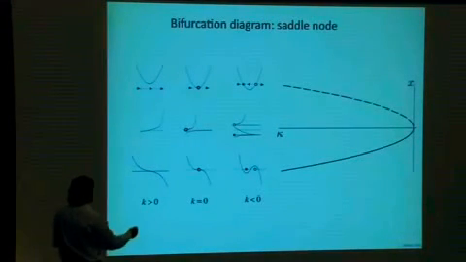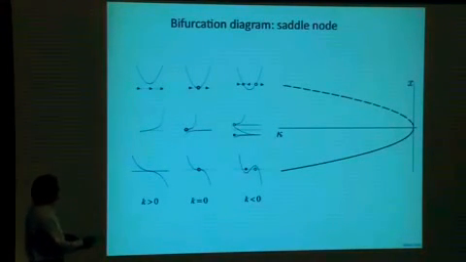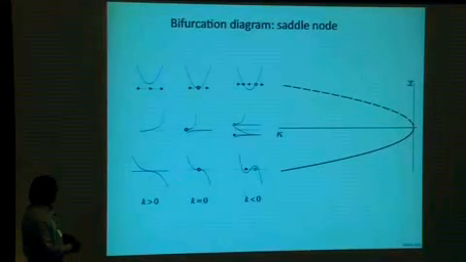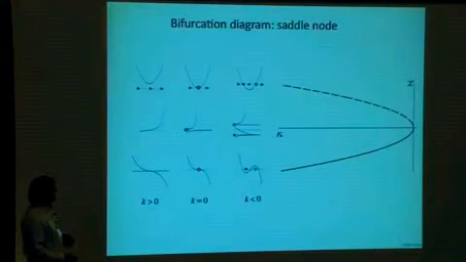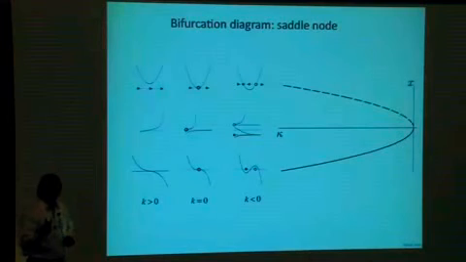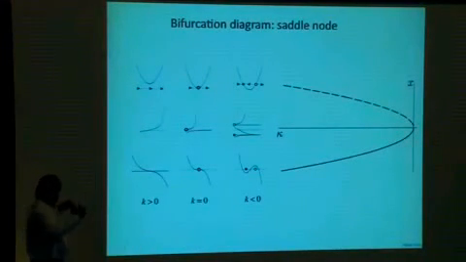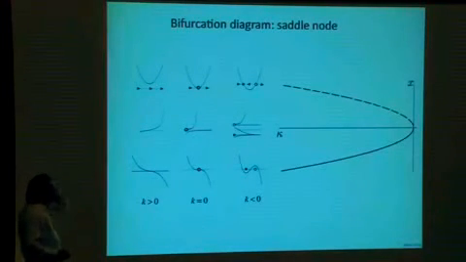The same nine cartoons of the dynamics, flow, time series, potential, the three columns, are being captured in this representation. That's basically what I showed you earlier as my second or third slide when I spoke about life and nature. I showed you a bifurcation diagram. So this is a bifurcation diagram of a saddle node bifurcation.